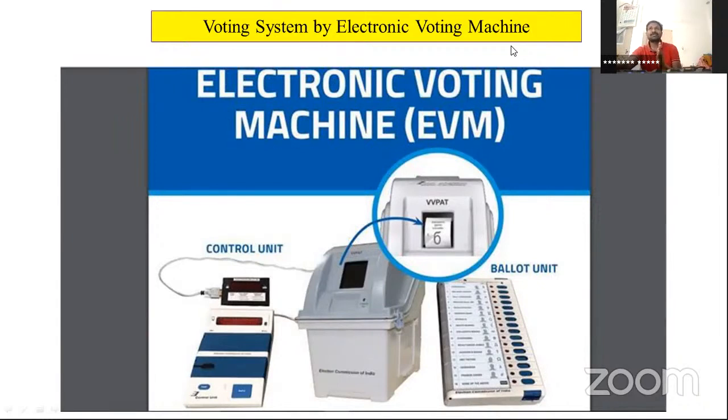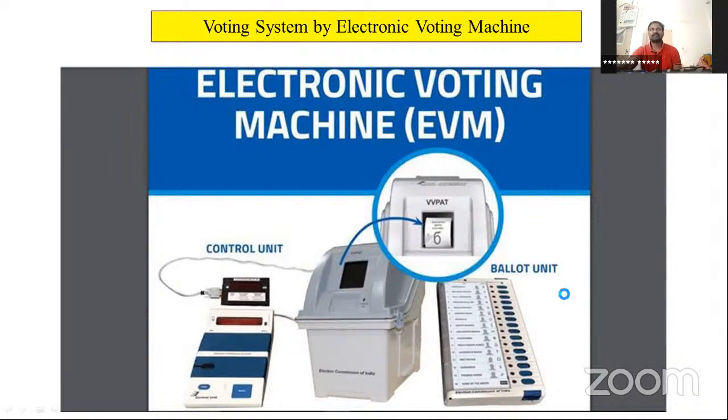From 2014 onwards, we are using electronic voting machines in state elections and central elections. How will it work? Look at this picture carefully, students. This is the control unit. This is the VVPAT machine. This is the ballot unit. Okay, this picture is completely known as the electronic voting system.